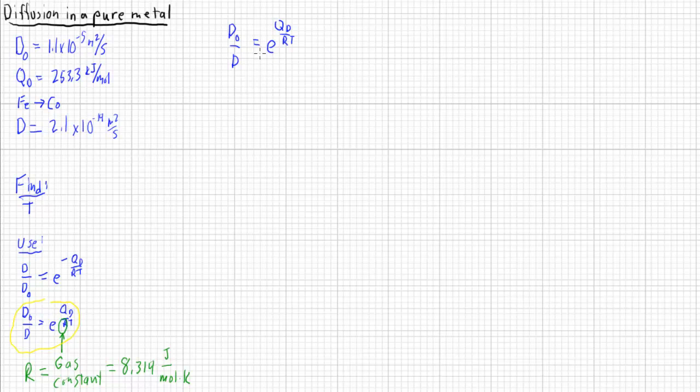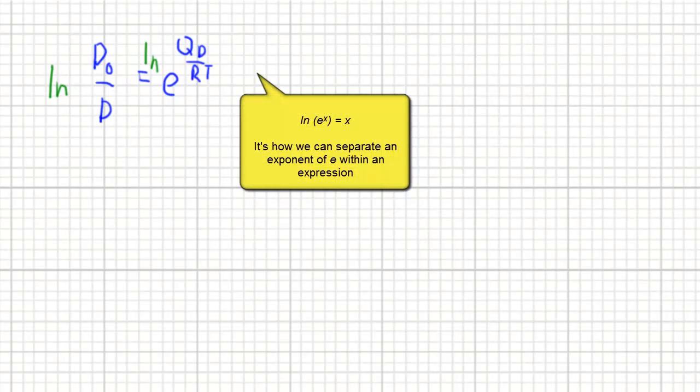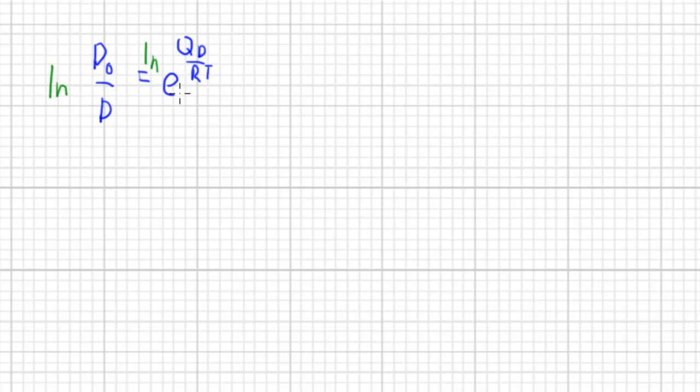And I'll take the natural log of both sides. Now, taking the natural log of e to some exponent, you end up just with the exponent.